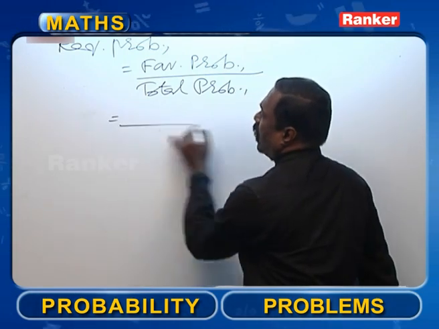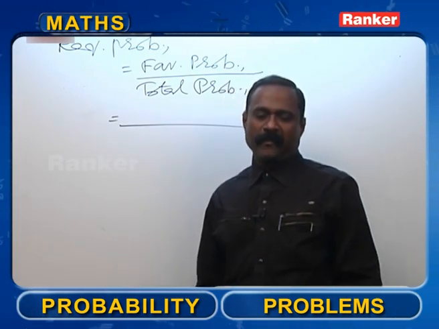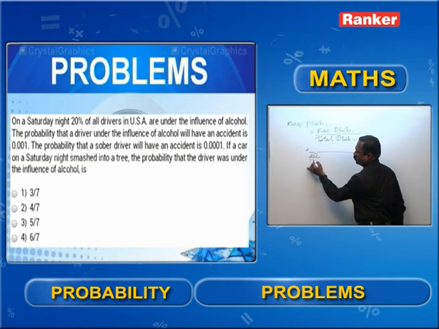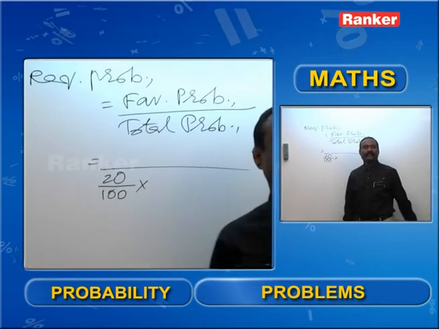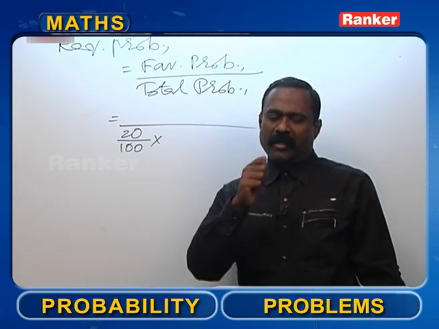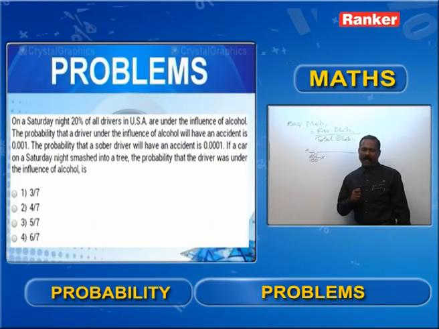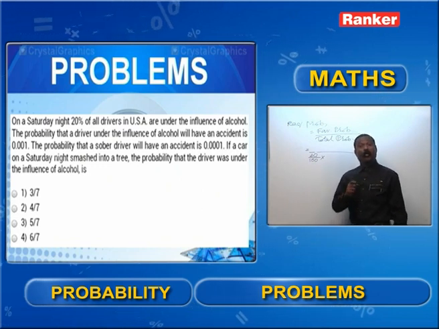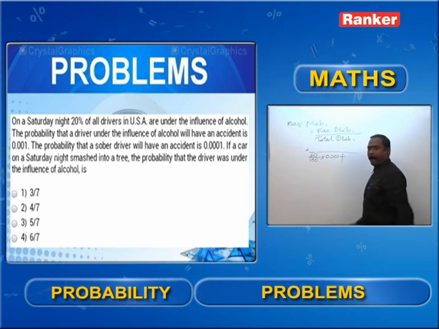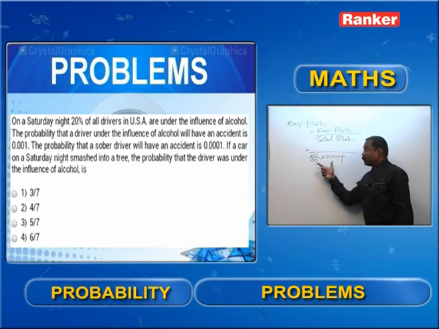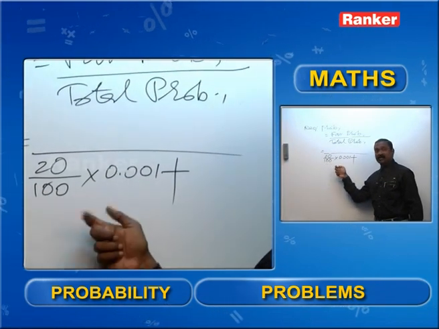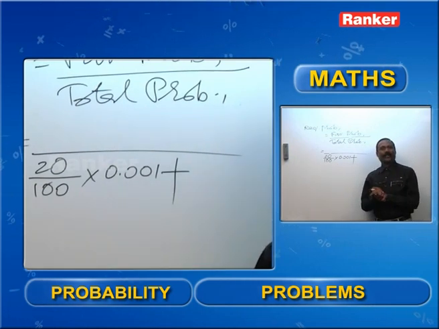So first of all I am taking the total probability. How many drivers are under the influence of alcohol? 20%, so 20 by 100. We have chosen the alcoholic driver. Next step, the driver under the influence of alcohol will have an accident with probability 0.001, plus, that is the accident occurring due to the driver under alcohol.